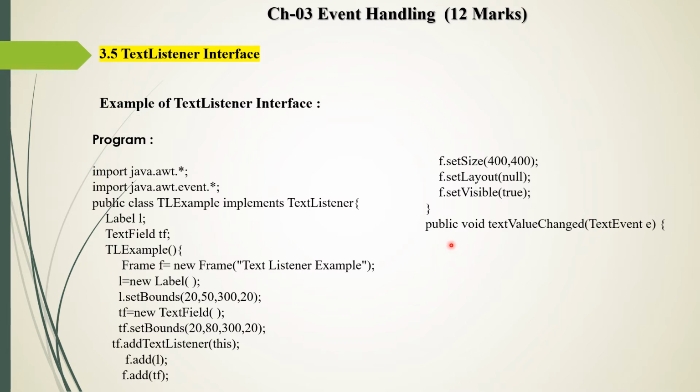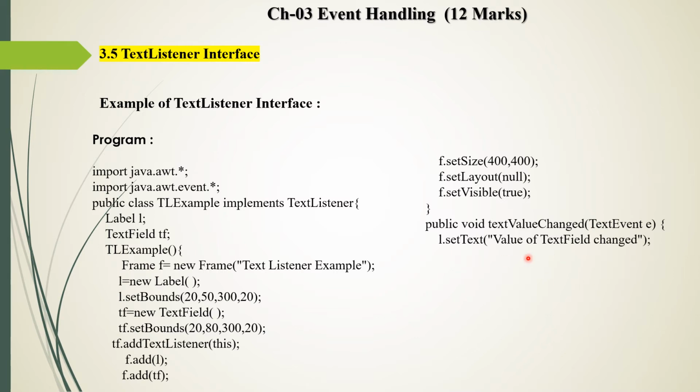And last we define the method textValueChanged. When this method is executed, the label L, the object of Label, has its value set by the setText method to indicate the text field value changed. So simple.